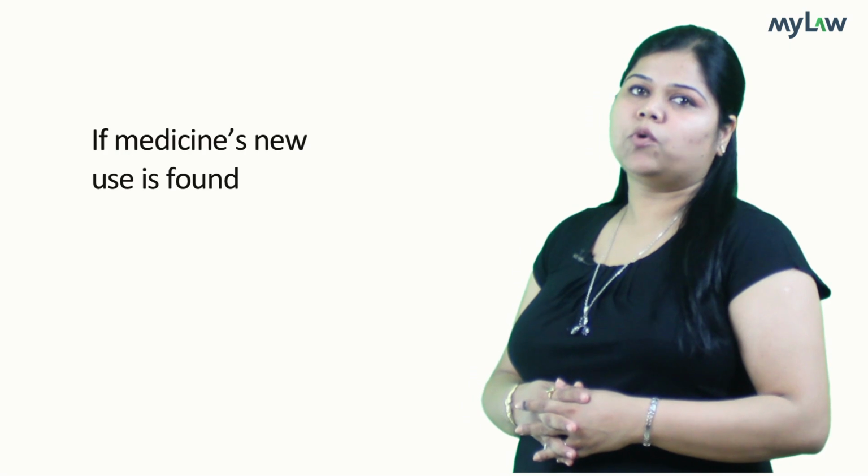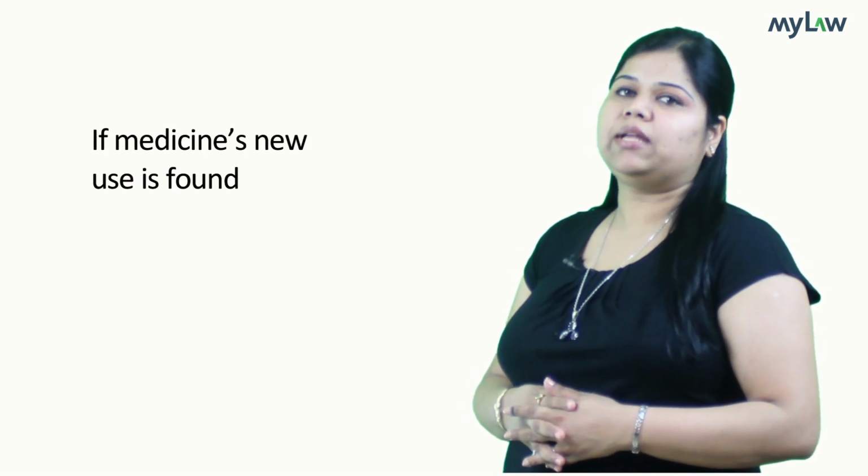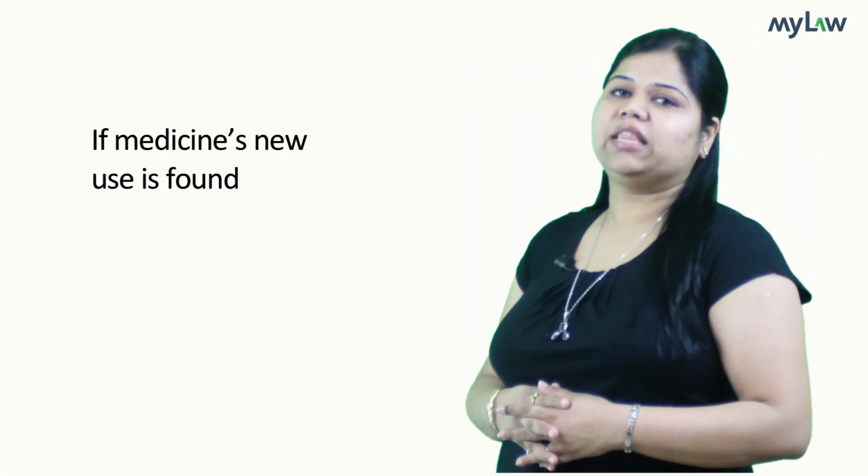For example, paracetamol is known to treat fever. However, tomorrow, if it is learned that paracetamol can be used to treat diabetes without mixing anything to it, then it will be a new use of a known substance and therefore not patentable.